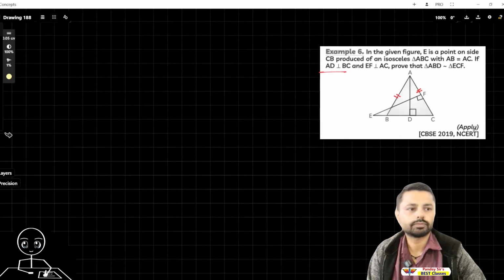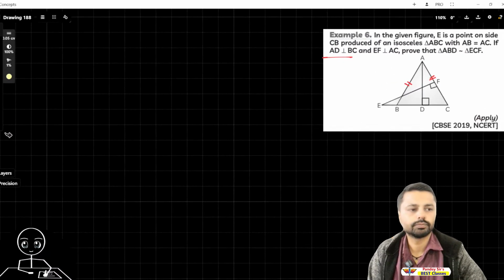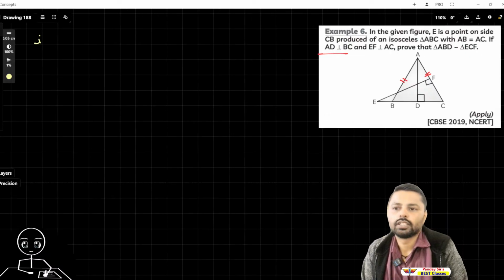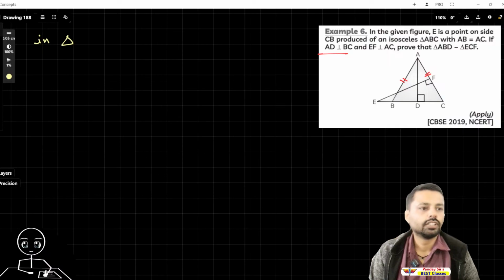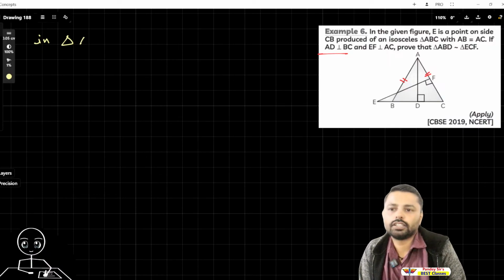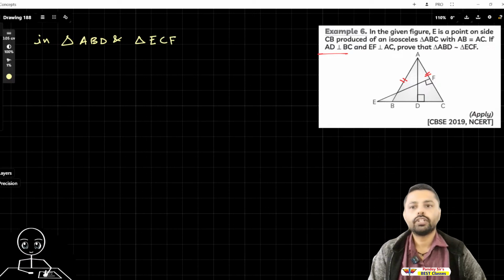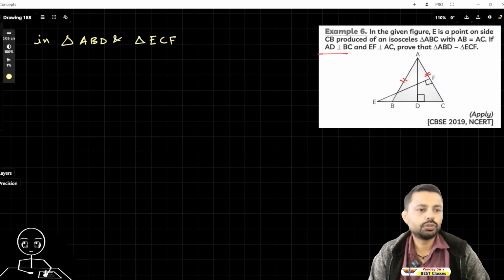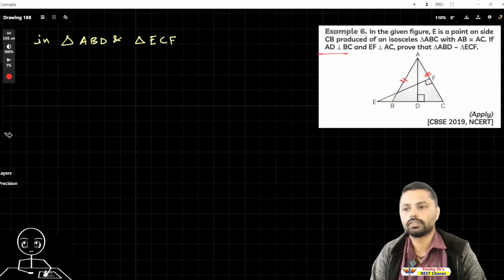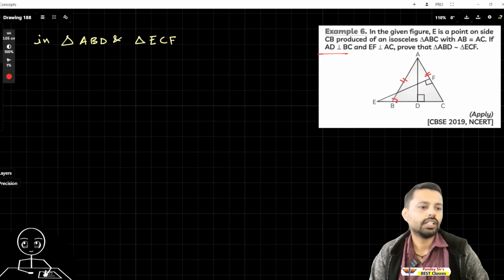Let's do it. In triangle ABD and triangle ECF, we need to prove a few angles equal. For example, this one and this one.